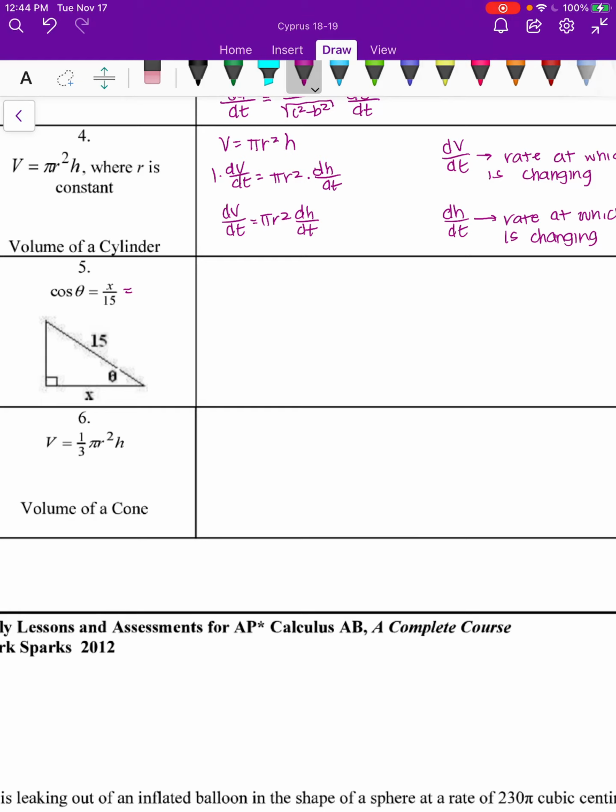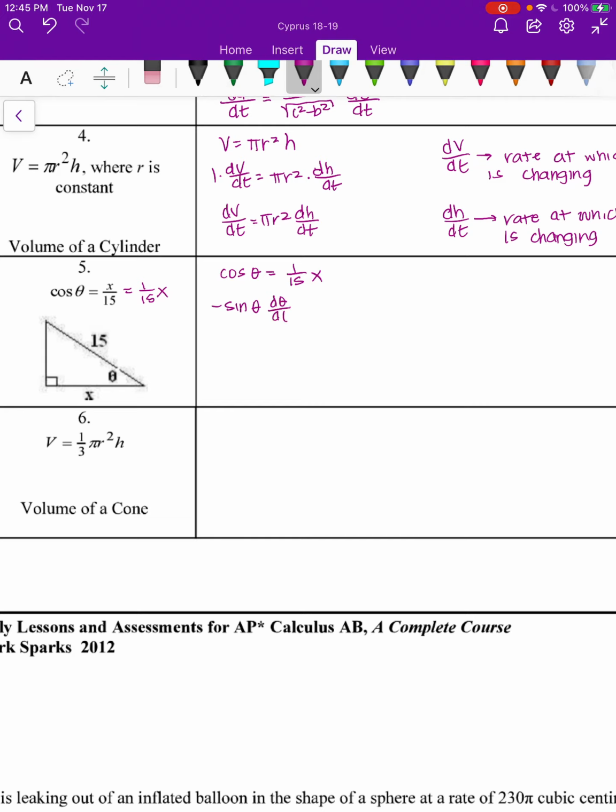Number 5, we have cosine theta equals x over 15. I'm going to rewrite x over 15 as 1/15x. So then I have something to multiply with a coefficient and a power. So we have cosine theta equals 1/15x. Derive both sides. The derivative of cosine theta is negative sine theta, but theta is our variable.